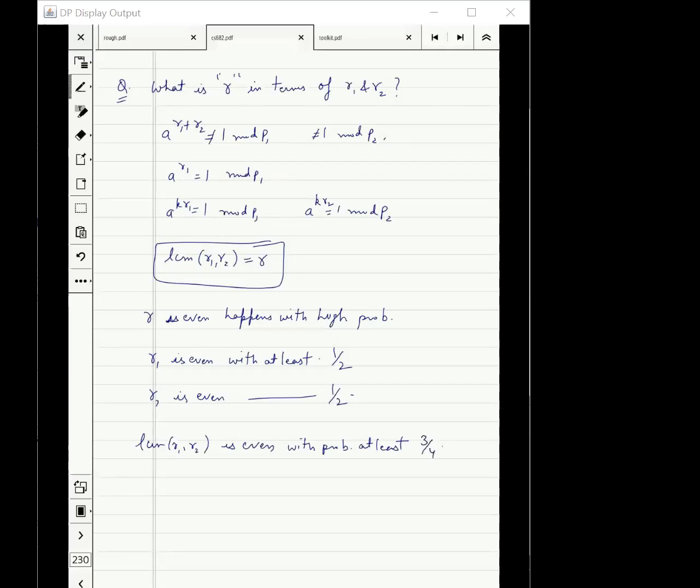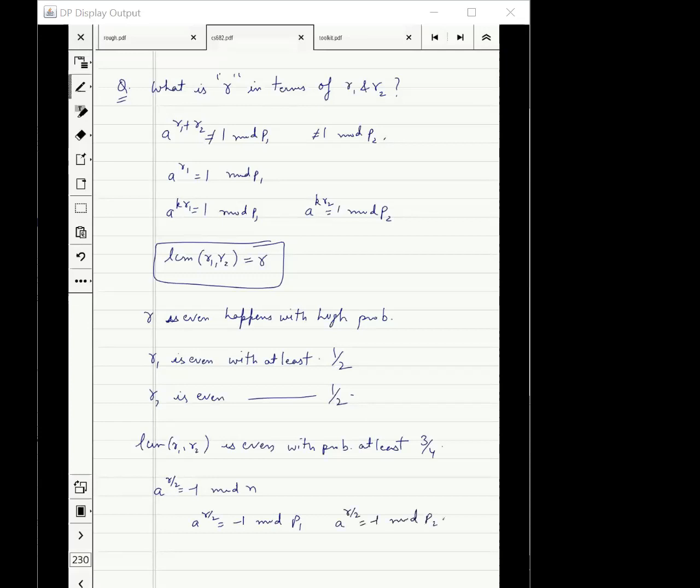And by similarly analyzing A to the power R by 2, you can see that in the proof given, the idea would be that if A to the R by 2 is -1 mod n, then A to the R by 2 is also -1 mod P1 and -1 mod P2.